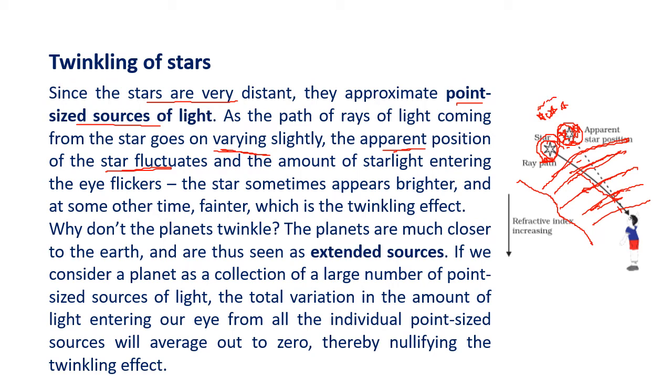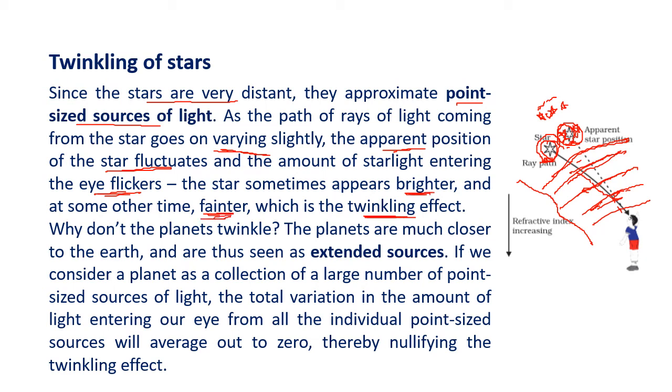And because of that, the light flickers, sometimes appearing brighter and sometimes fainter, giving it the twinkling effect. Because when the position is changing, sometimes the light comes more to the eye, appearing brighter, sometimes fainter.